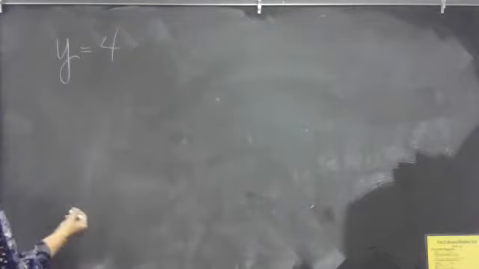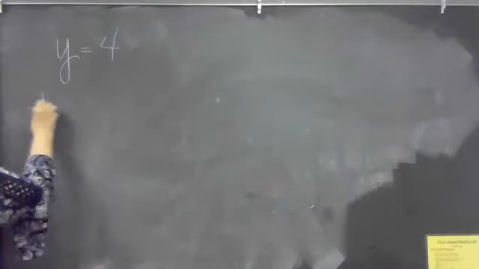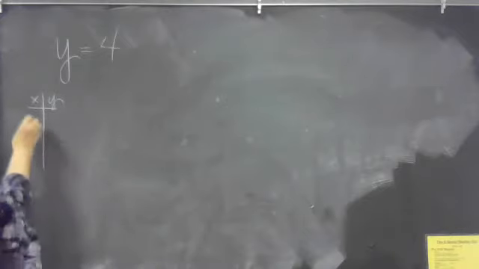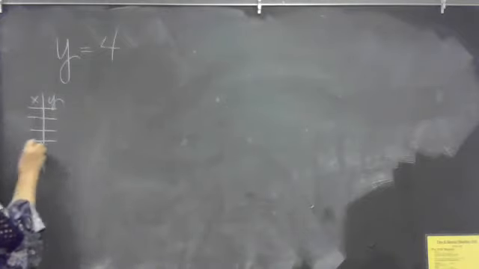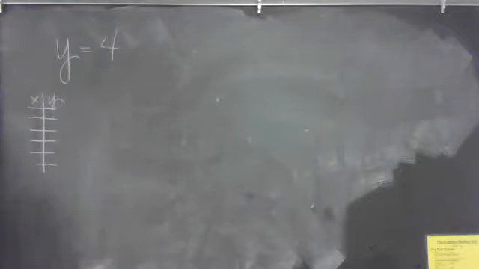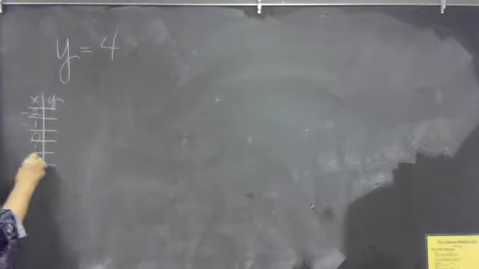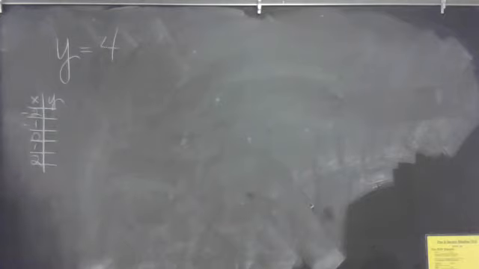But if we went ahead and made a t-chart, whichever way you want to make it, I really prefer the verticals. If you have a t-chart, let's do what we always do. This is solve for y, right? So I don't have to do any work there. I'm going to choose some numbers, -2, -1, 0, 1, and 2. You can choose anything you want for x.